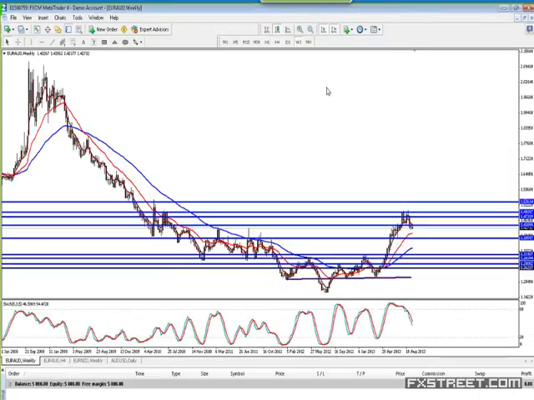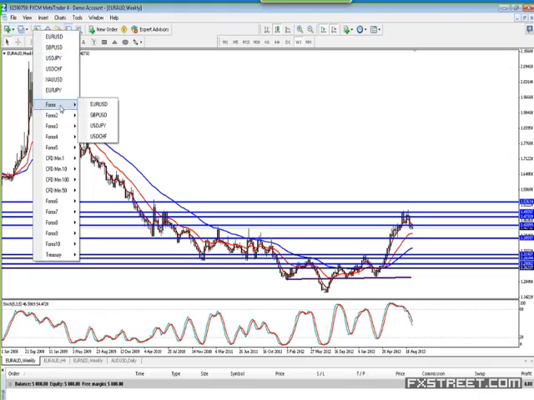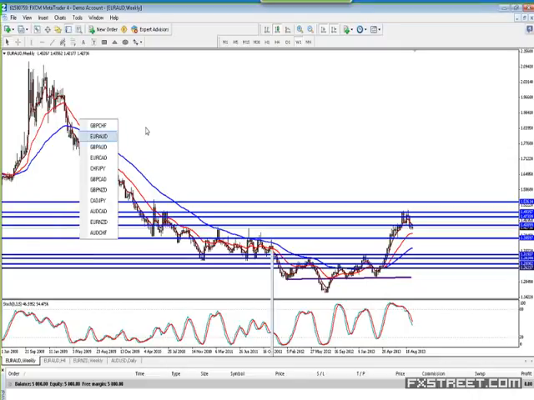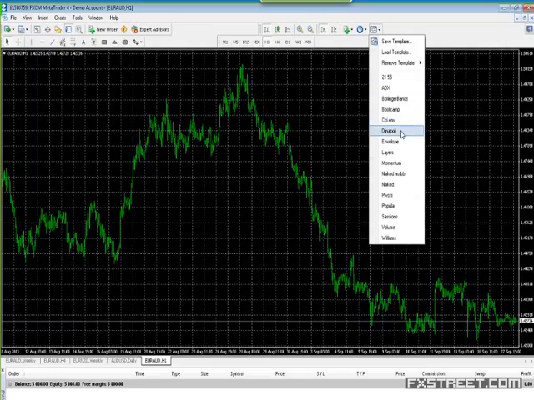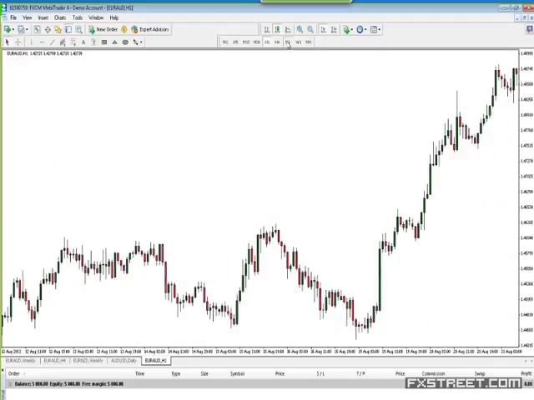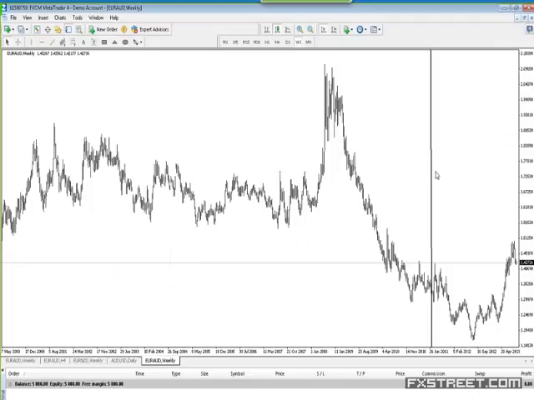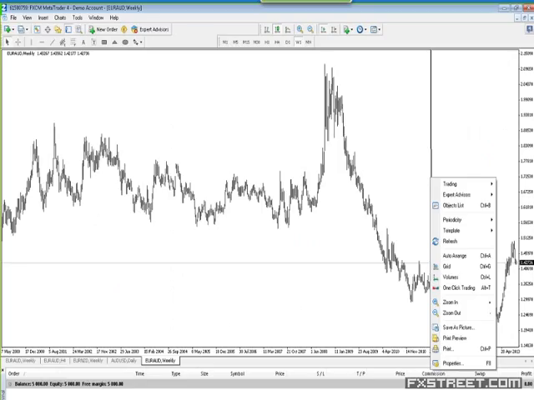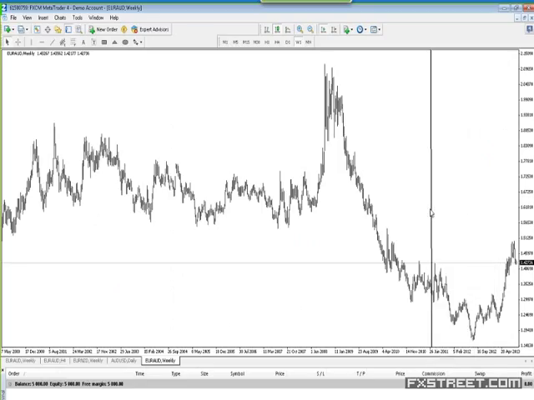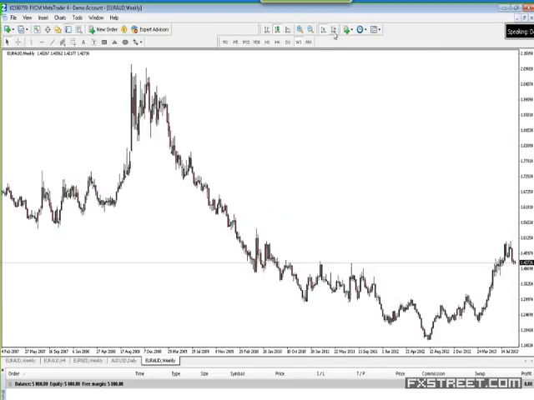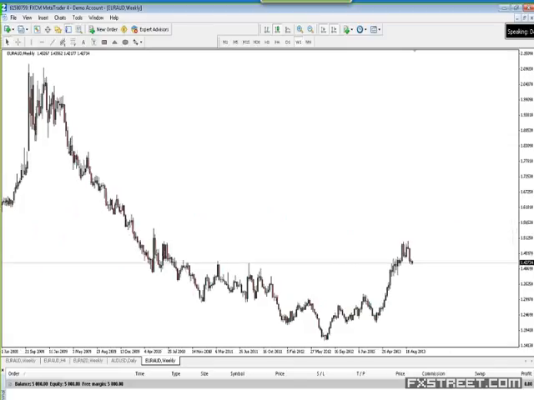Get rid of this. Okay. If anything, just zooming out, we know that we're going to find significant buyers here, aren't we?